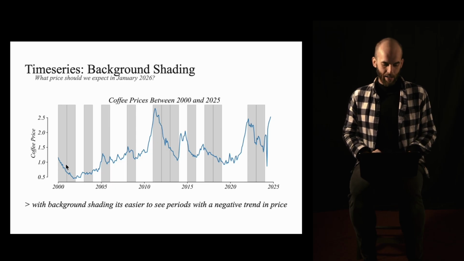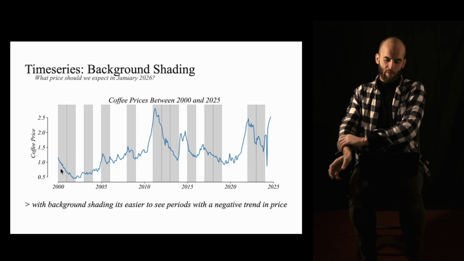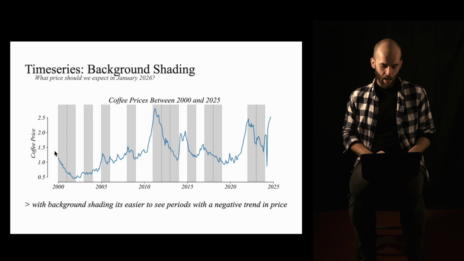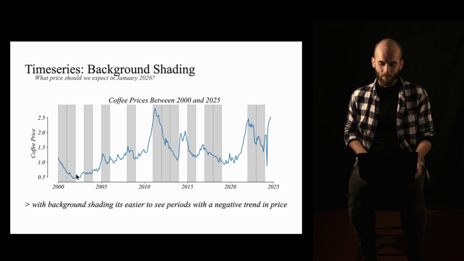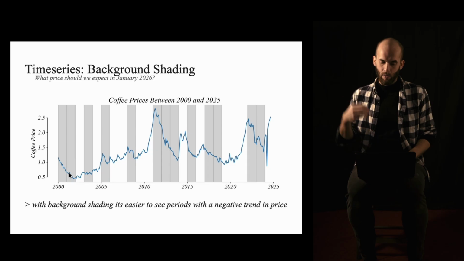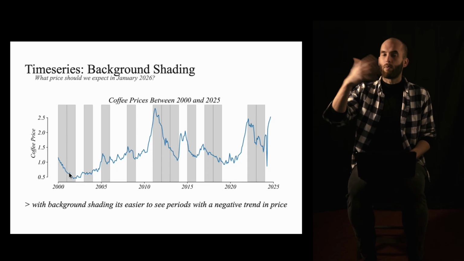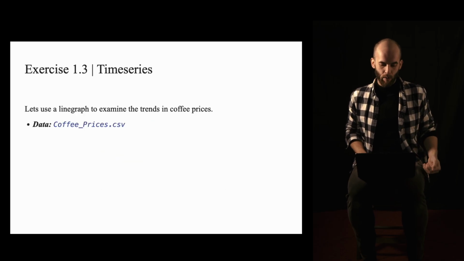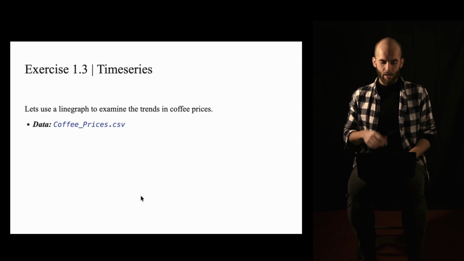And here I've highlighted these gray regions for the quarters that see a decline in the coffee prices. Okay, so negative trends, I'm just plotting this with background shading. Not a lot of fancy things here, just a little picture that makes it a little easier to identify sub-trends within a larger trend. So we're going to do a bit of this in exercise 1.3 with coffee prices. So we'll do that after we finish up here.